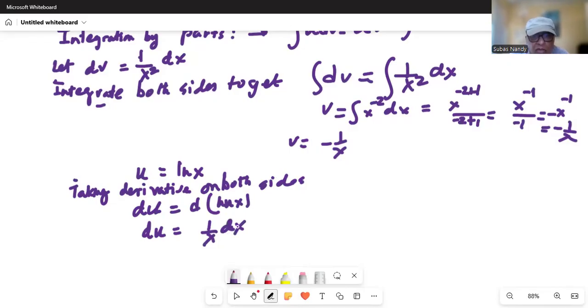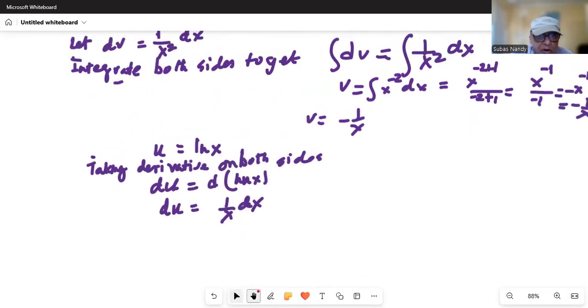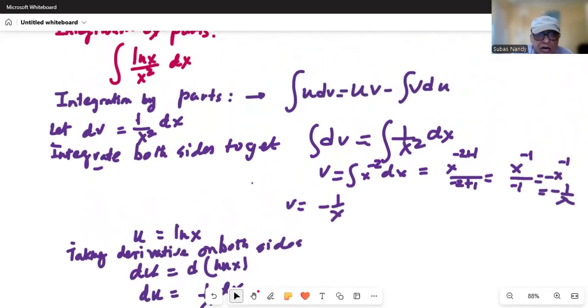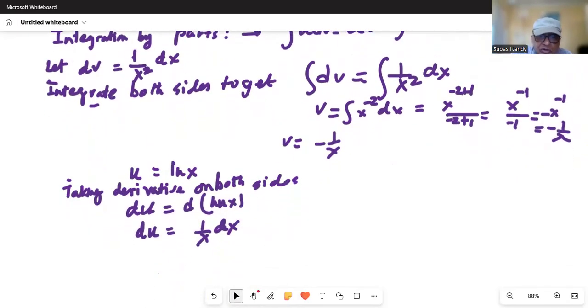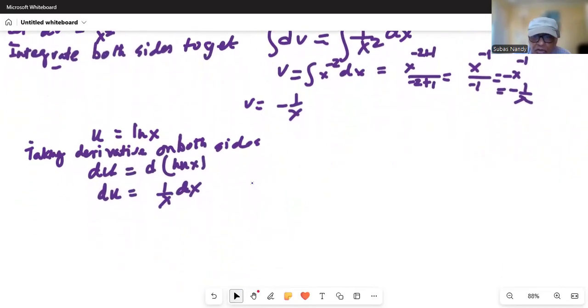So now we are going to use integration by parts.